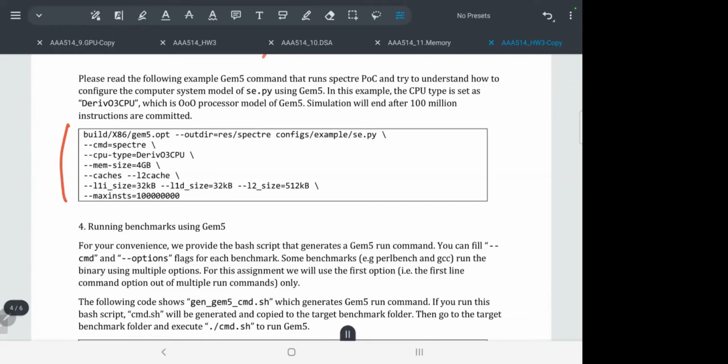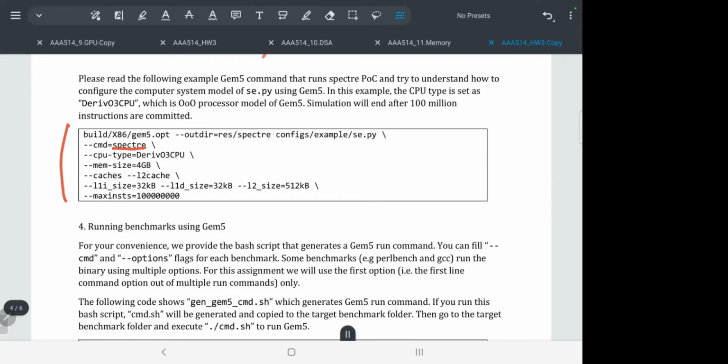Okay, so this is an example execution command for gem5. You can find this command. It's a binary file. This Spectre POC does not require any options, but normal SPEC benchmarks require data sets or execution options.